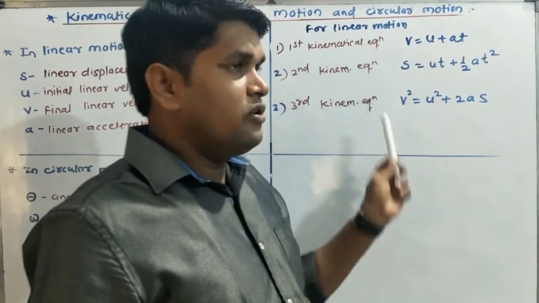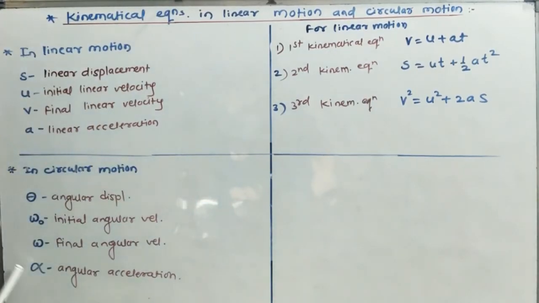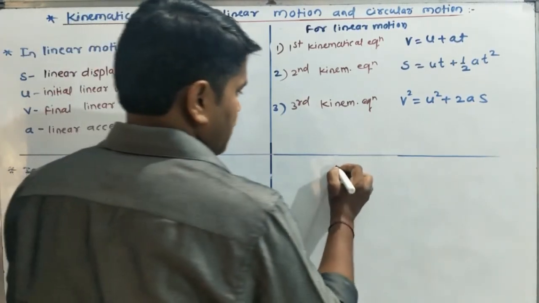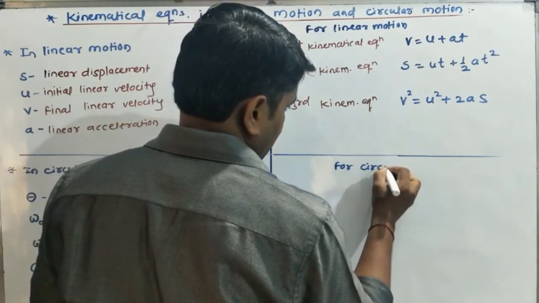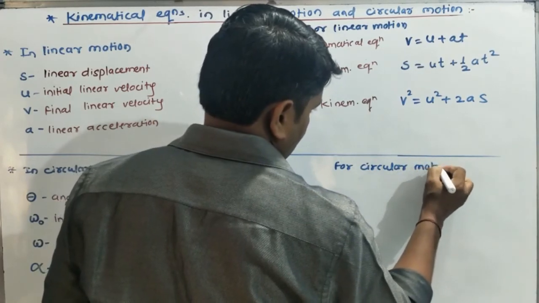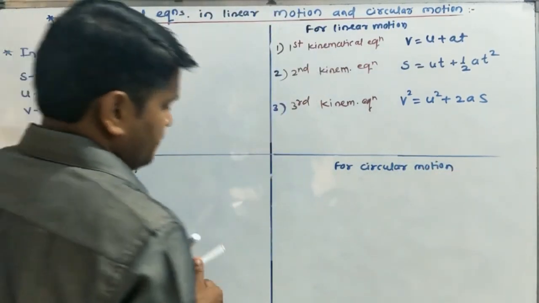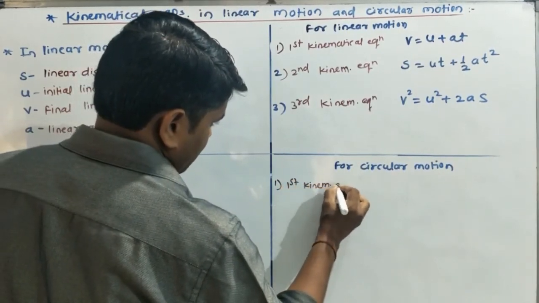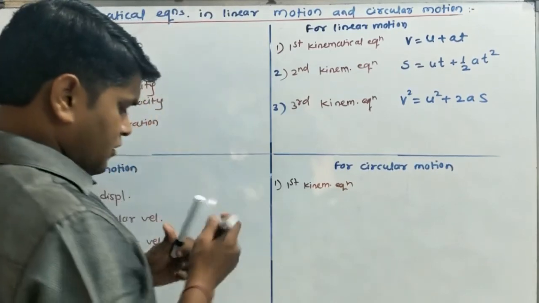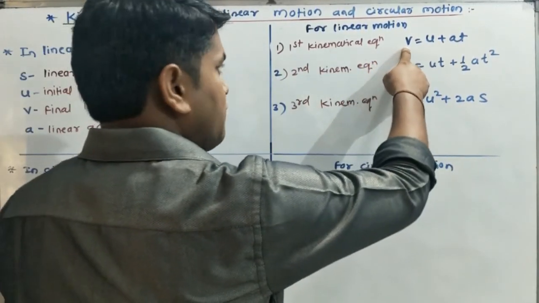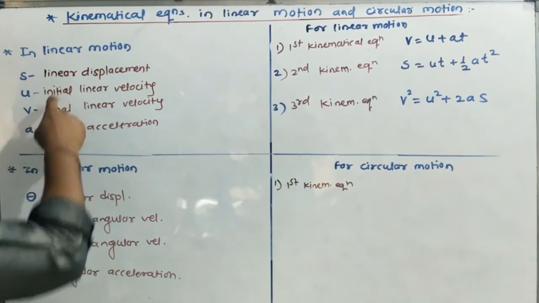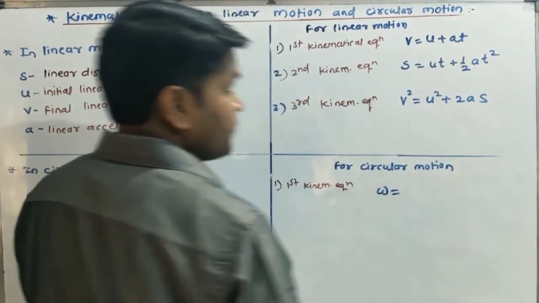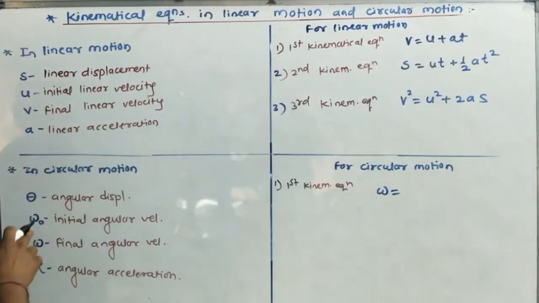By using this notation, we can write the kinematical equations for angular motion. So for circular motion, the first kinematical equation: we know that v is our final linear velocity, so here the final angular velocity is omega. u is initial, but here initial is omega 0.